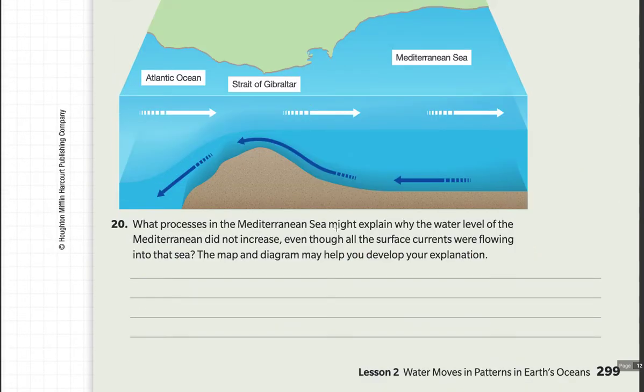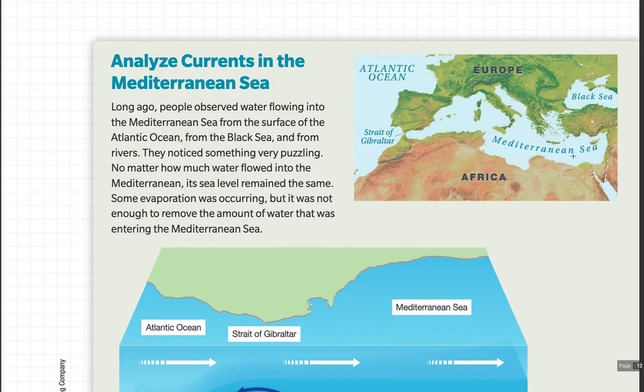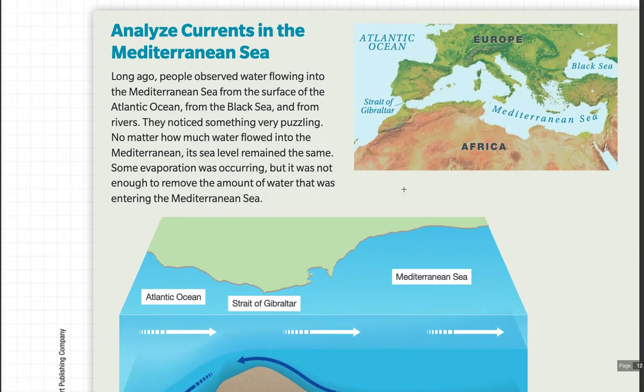What process in the Mediterranean Sea might explain why the water level of the Mediterranean did not increase, even though all the surface currents were flowing into that sea? Oh, well, this is just describing, in this picture, all the surface currents are flowing into the Mediterranean Sea.